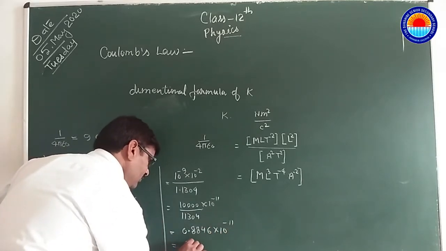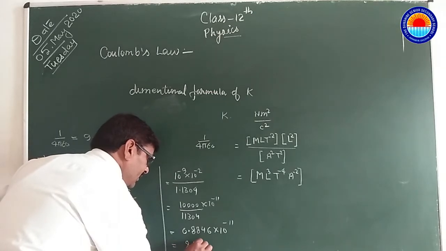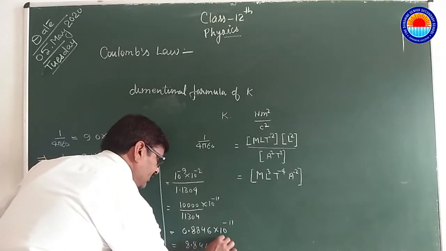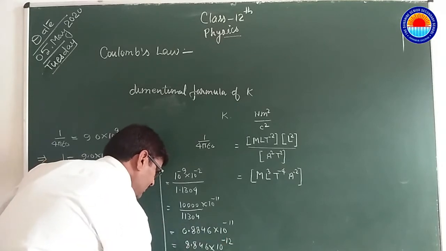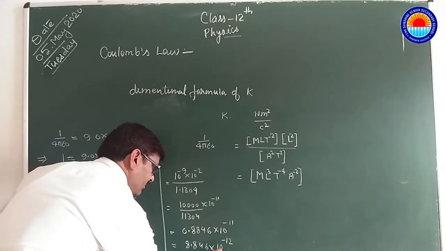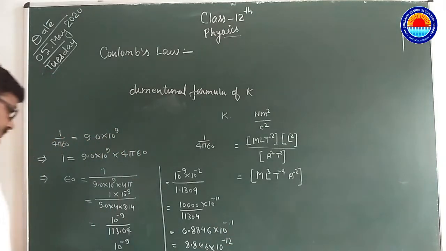It is equal to 8.846 into 10 to the power minus 12, which is about 8.85 into 10 to the power minus 12.